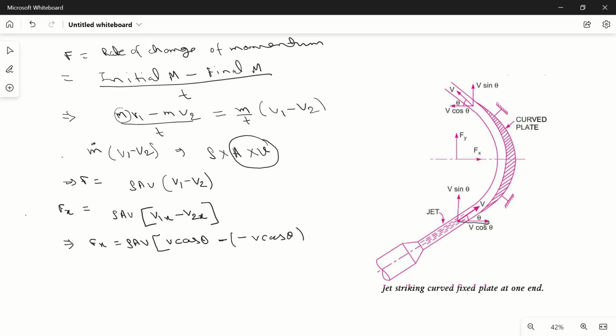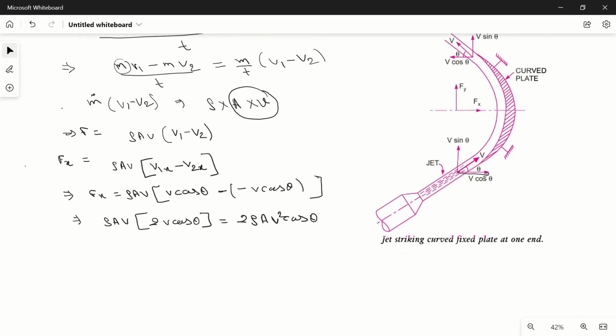So it will become rho A V times (v cos theta plus v cos theta), which is 2 v cos theta. Sorry, this v into v will become 2 rho A V square cos theta. So this is the force exerted by this jet in the horizontal direction.